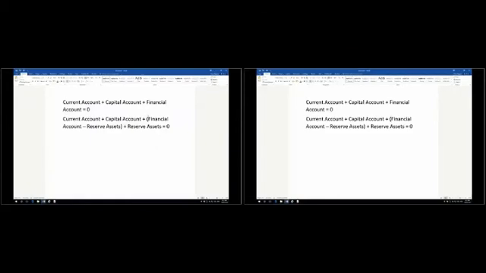Yes? And then I can bring reserve assets to the right hand side of the equation, can I? I can bring it to my right hand side and change the sign of the thing. Okay, and I'm done. Yes, all good, right?